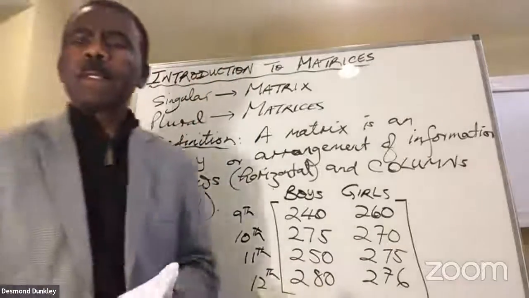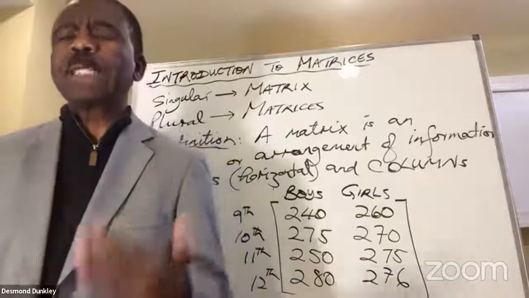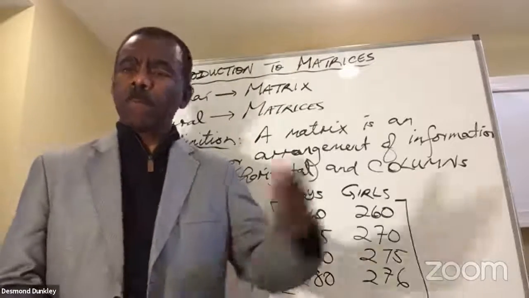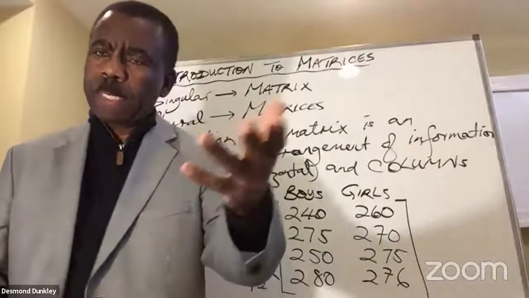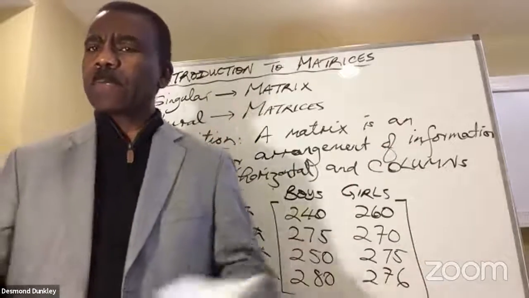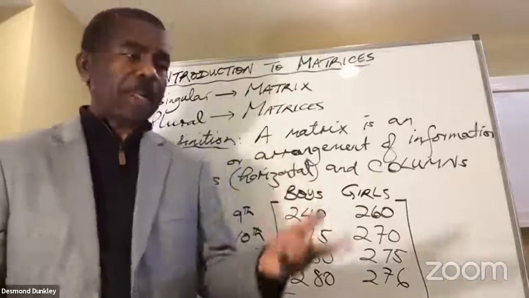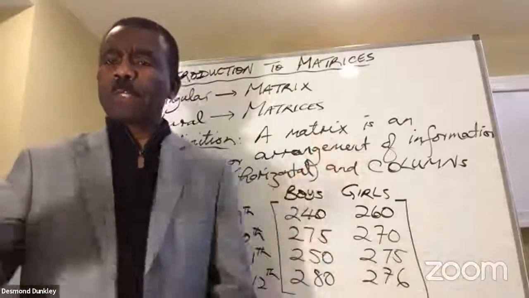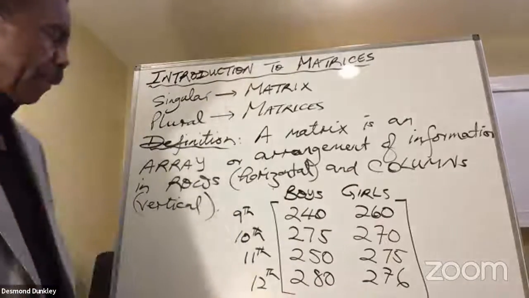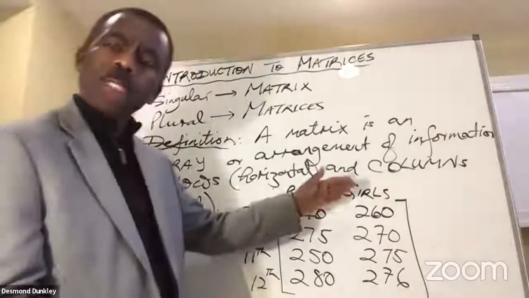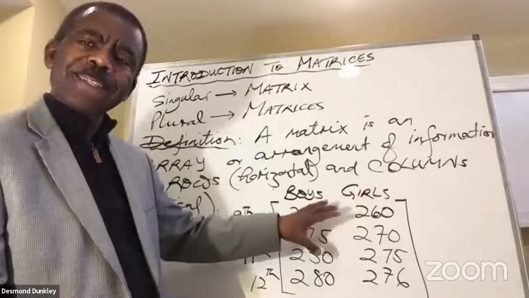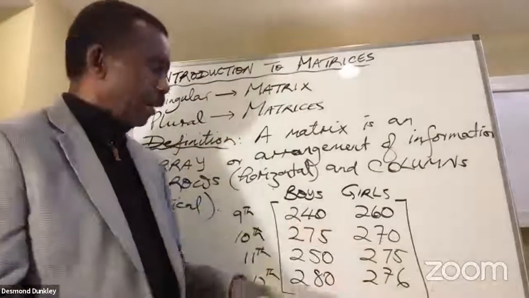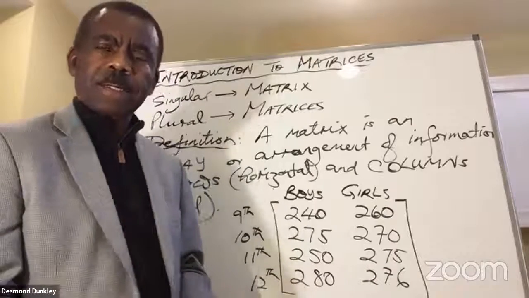So, for example, suppose you're in a school district that has 7 schools, a few elementary schools, say 2 middle schools, and say 1 high school. Or say you have 7 schools, you might have, say, 3 elementary, 2 middle, and 2 high schools. Let's use that for example. You might have one of these matrices to show your student population at the different levels, okay?